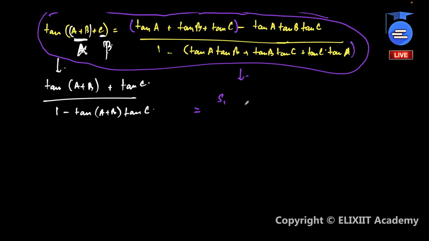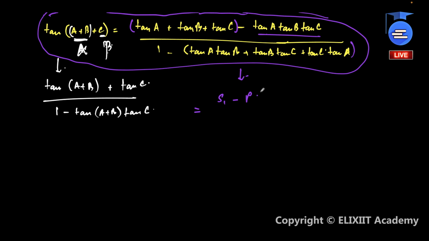What is S1? S1 means taking the sum one at a time. Here we have three elements: tan A, tan B, tan C. So we are taking the sum one at a time: tan A plus tan B plus tan C. S1 minus product. Here the product is tan A into tan B into tan C. So S1 minus P.